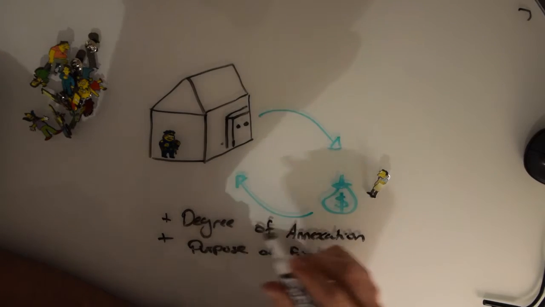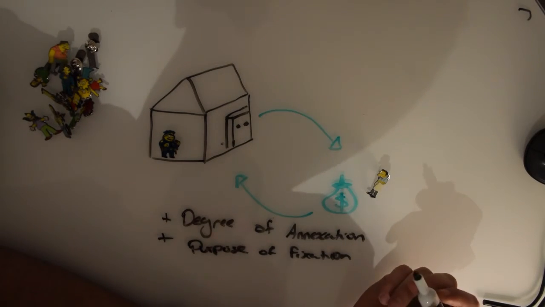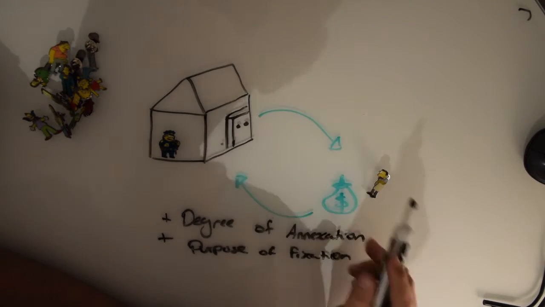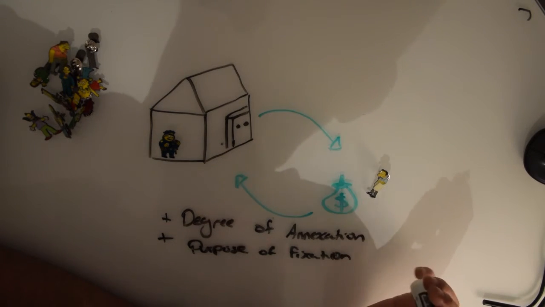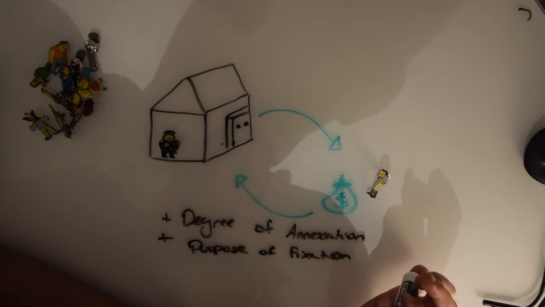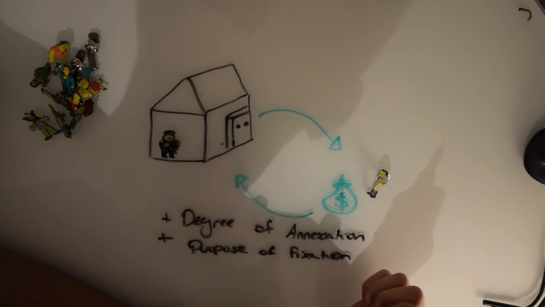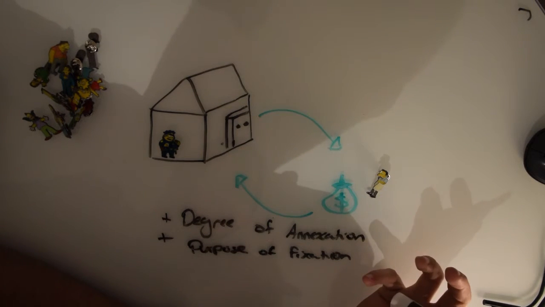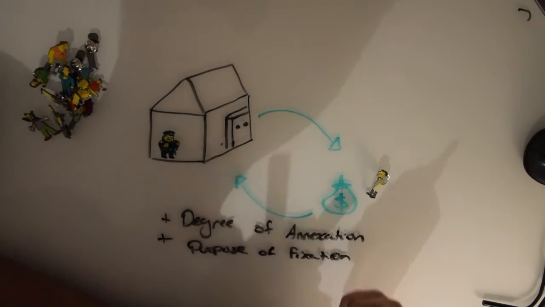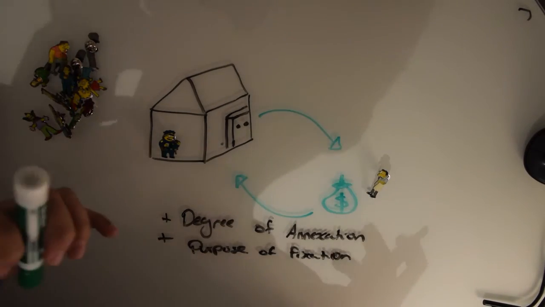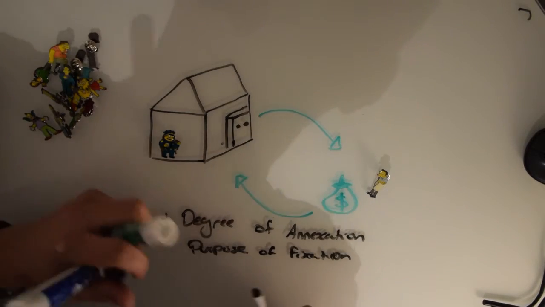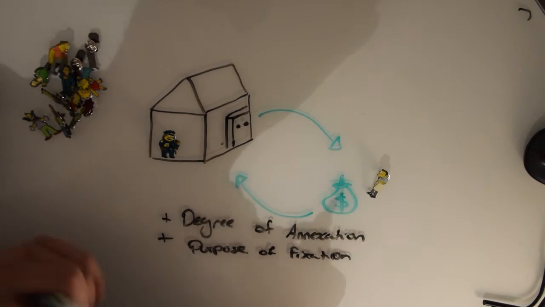The second thing that we're going to look at for this problem is the purpose of the fixation. Why did Police Chief Wiggum attach the washing machine? Did he attach it because he intended for the washing machine to become a part of the house to stay there forever? Or did he attach it because it was rattly and he didn't want it to move? Now, this would vary based on circumstances, but let's assume that it was a rattly washing machine and Police Chief Wiggum just didn't want it to move off the wall.